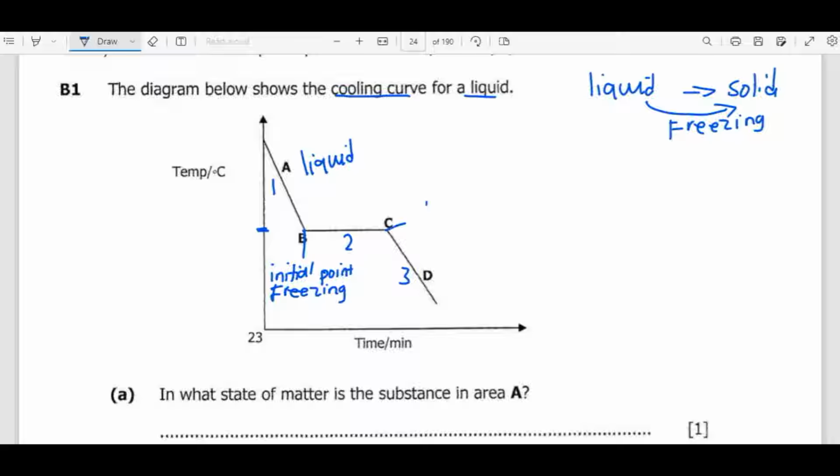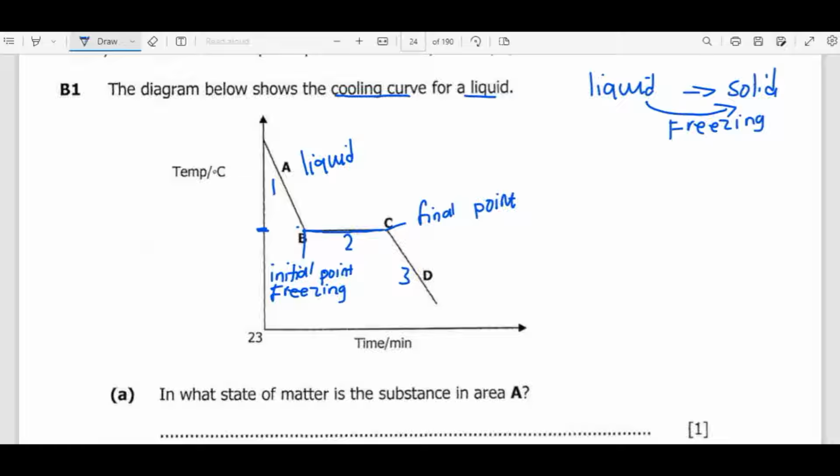Then our point C, we can consider as our final point of freezing, meaning the freezing is now done, and the substance is completely a solid. So we have the freezing point here. Then the segment from B to C indicates the process of freezing.